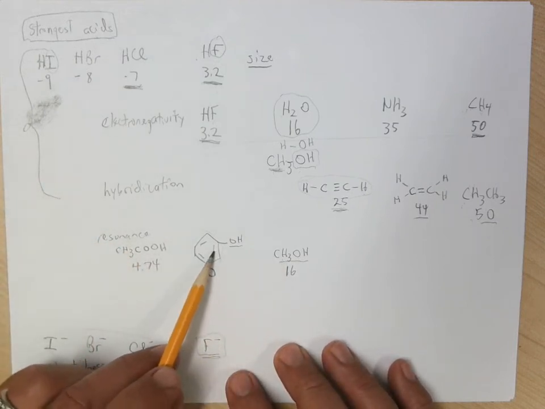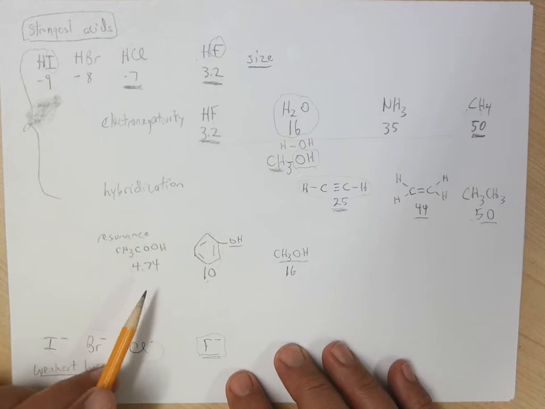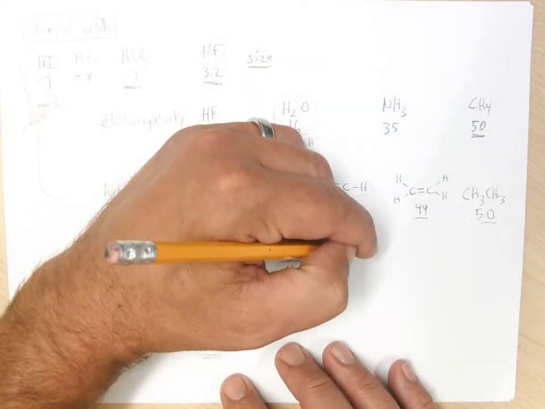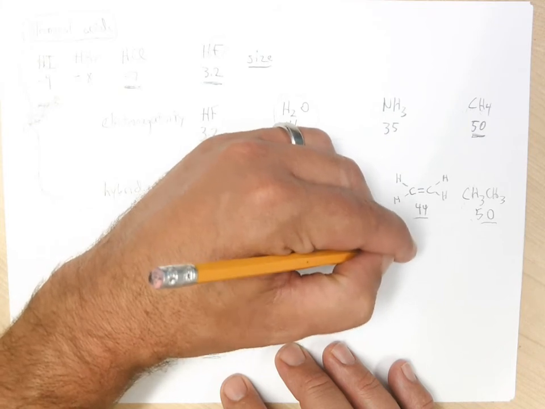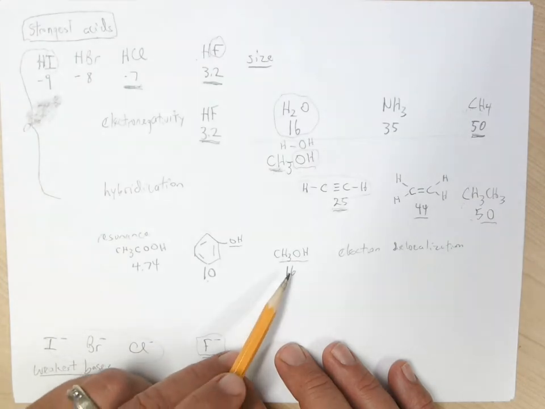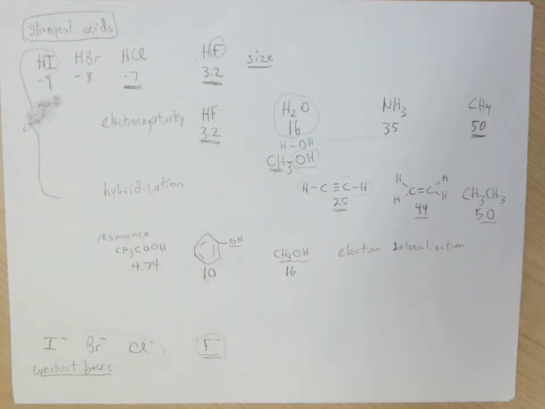So as you have more electron delocalization or resonance, then some representative compounds to show the amount of different electron delocalization or resonance that's there.